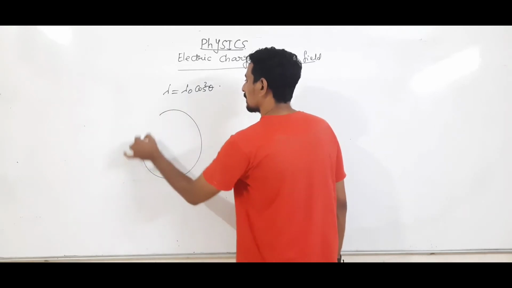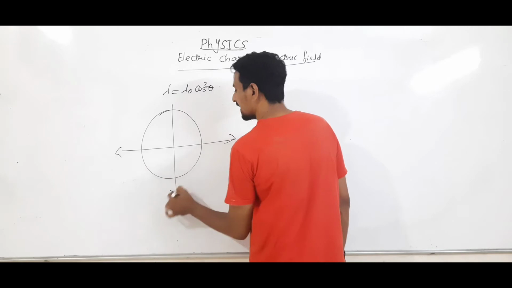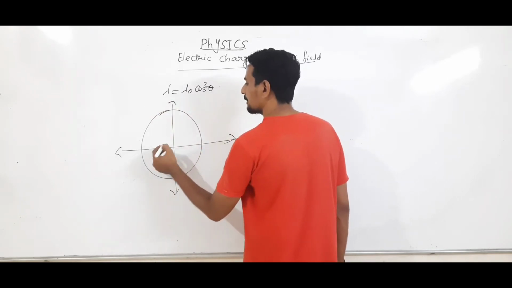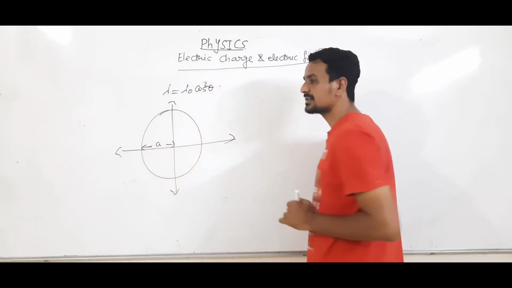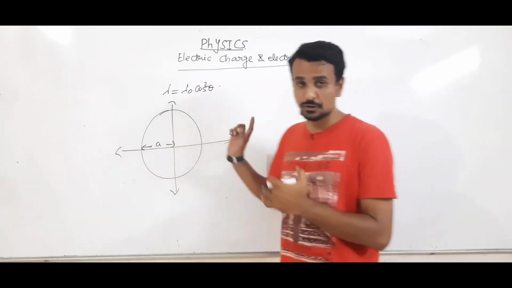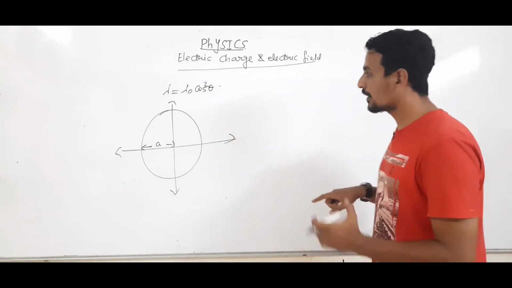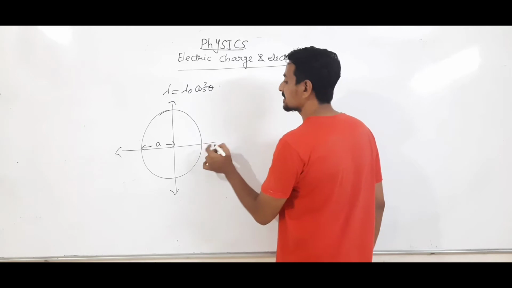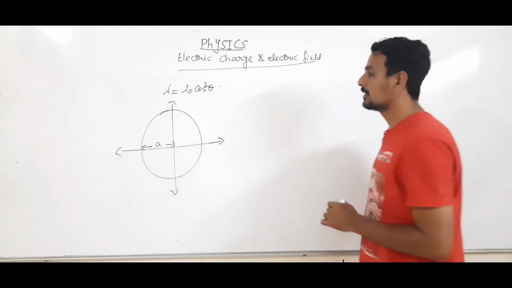See, already the question was being discussed in the previous video that there is a ring of radius a, and the charge density was changing according to the equation lambda 0 cos theta, right? And we had solved that question. But now what if the charge density changes according to this equation lambda equals lambda 0 cos square theta, right?